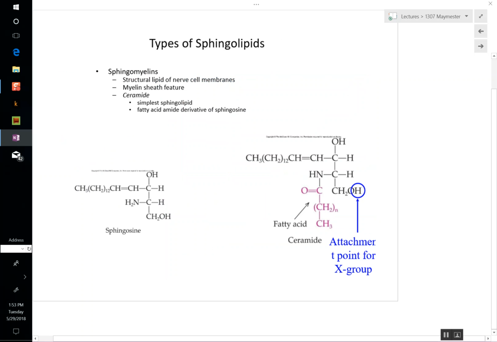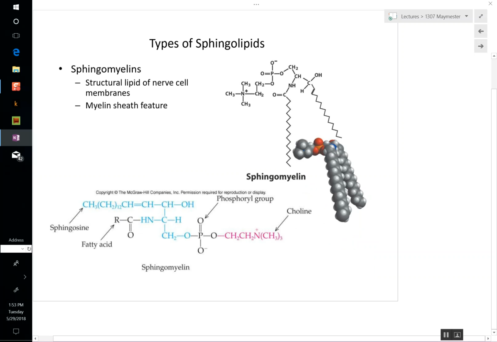See if we have some more examples. Types of sphingolipids. So sphingomyelin. You can see that. So here is your normal nonpolar chain right there. Here's your fatty acid. So you've got these 2 nonpolar tails on sphingolipids.